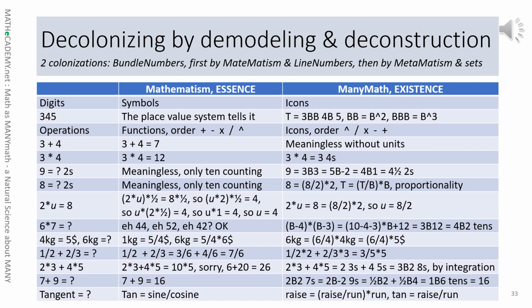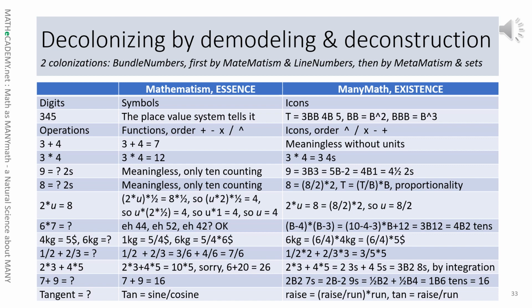The place value system tells it. No, t equals 3 bundle bundle 4 bundle 5, bundle bundle equals bundle squared, bundle bundle bundle equals bundle cubed. What is operations? Functions, the order is plus, minus, multiplication, division, and power. No, icons, in the opposite order.